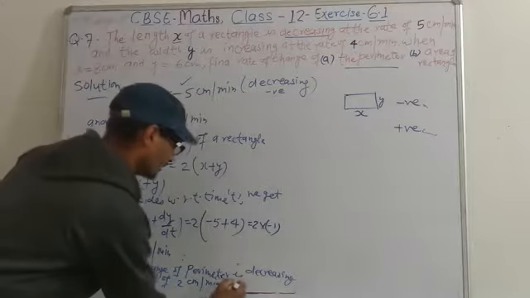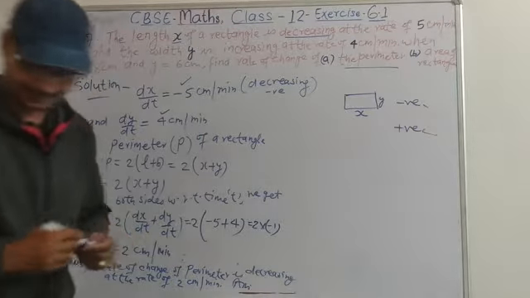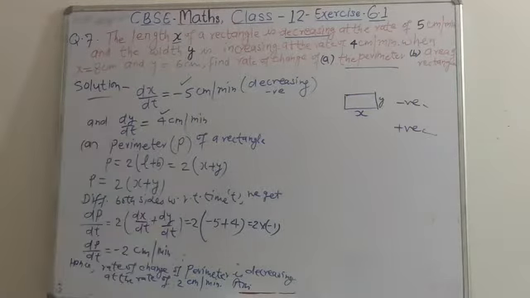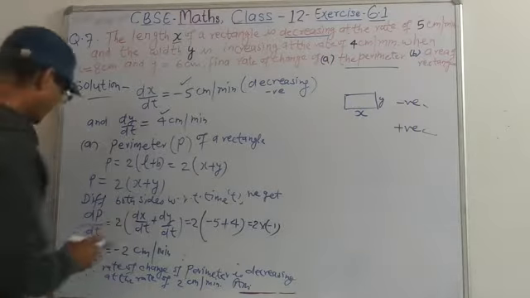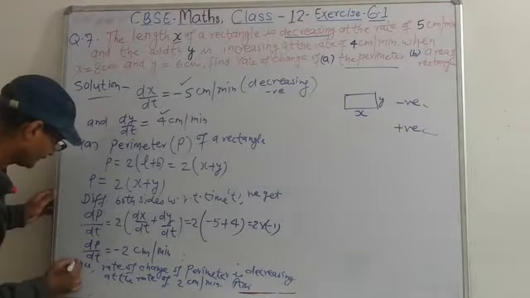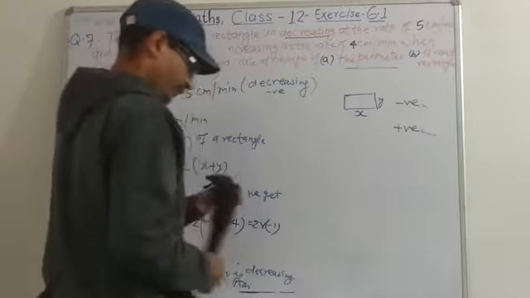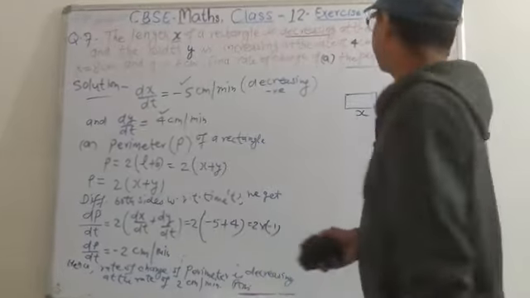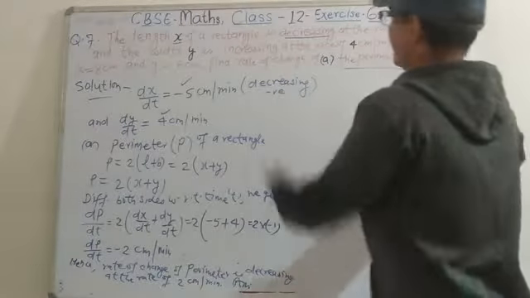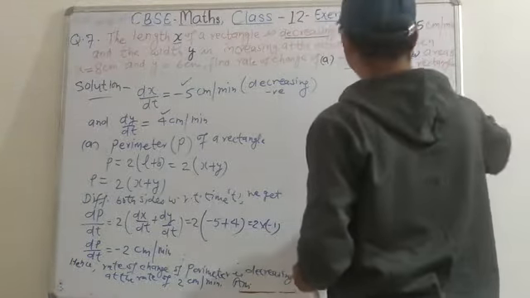So it is the answer of part A. Negative sign shows decreasing of the perimeter.